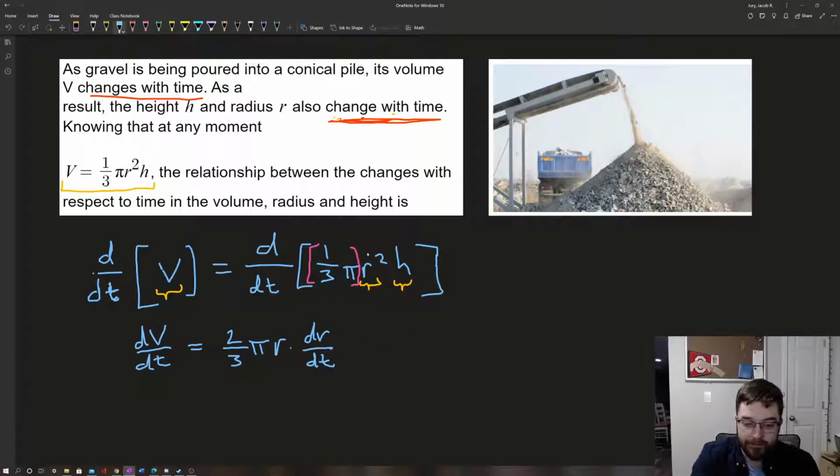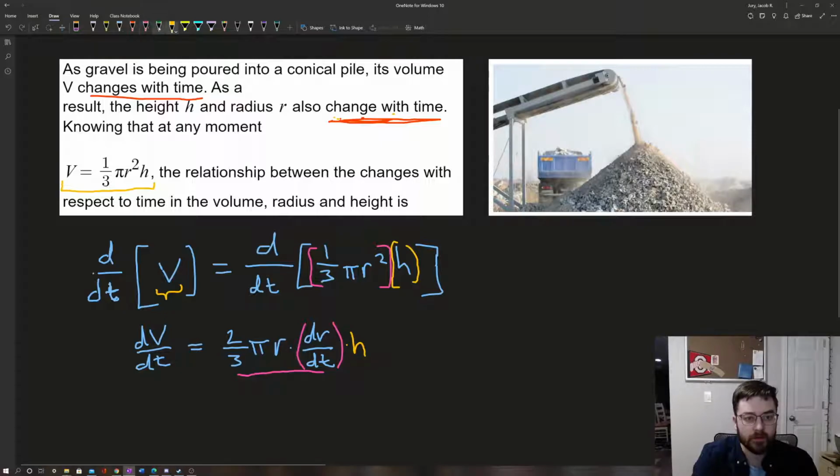I've taken the derivative of the first thing, so let me get rid of some of these lines here. The first thing in our product rule is this whole item, 1/3 pi r squared, and h is the second item. So I've taken the derivative of 1/3 pi r squared, and that's what I've written right here. And then I need to multiply by h, so times h.